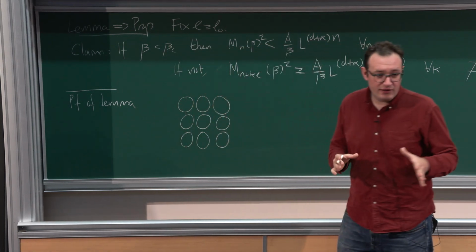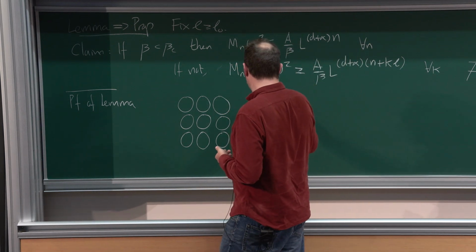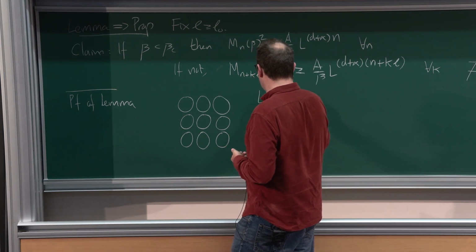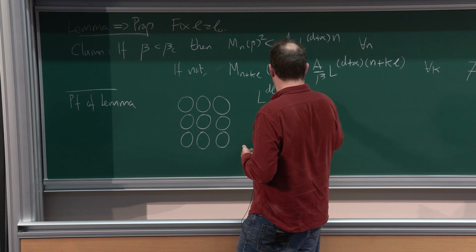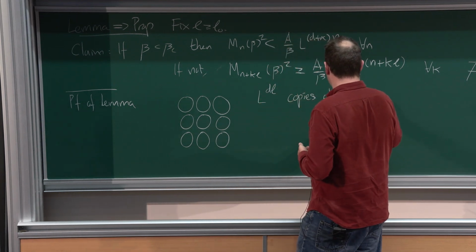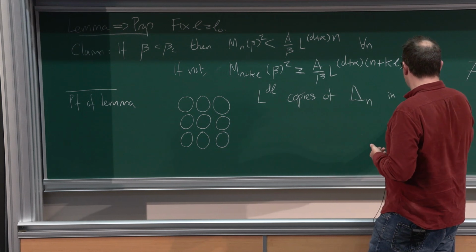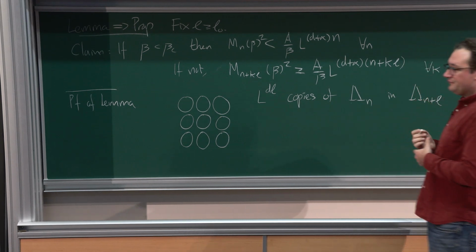So we get L to the d times small l copies of this box Lambda_n in Lambda_{n+l}.